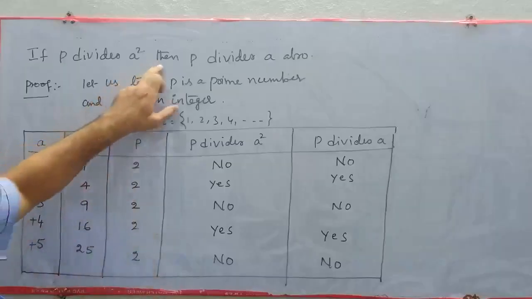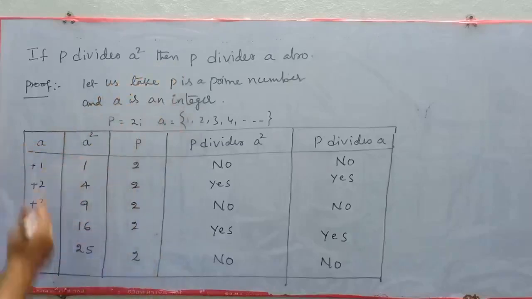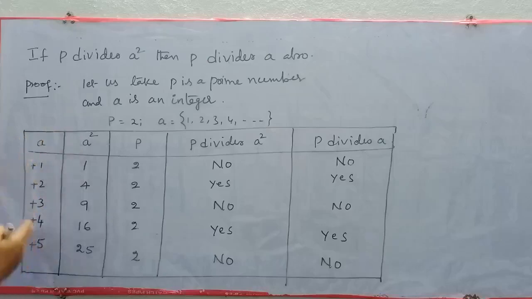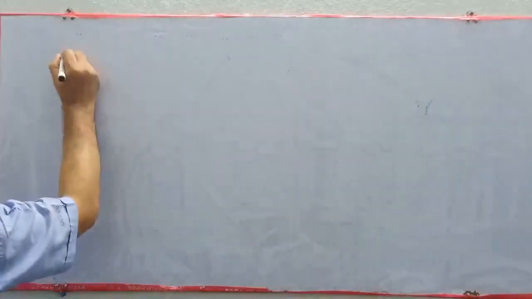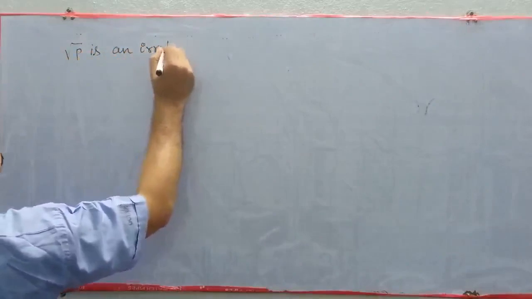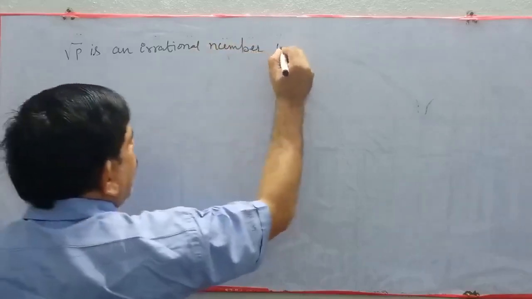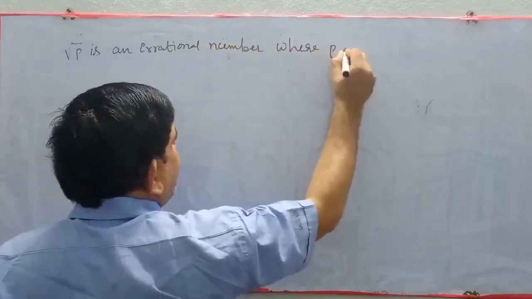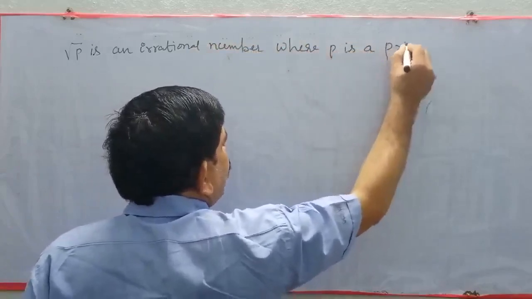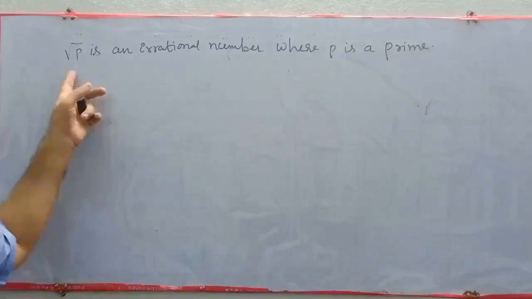This is not only applicable for P equal to 2, but it is applicable for all prime numbers and for all positive integers A. Okay children, based on the above theorem, we can prove that root P is an irrational number where P is a prime. We have to prove that root P is an irrational number.